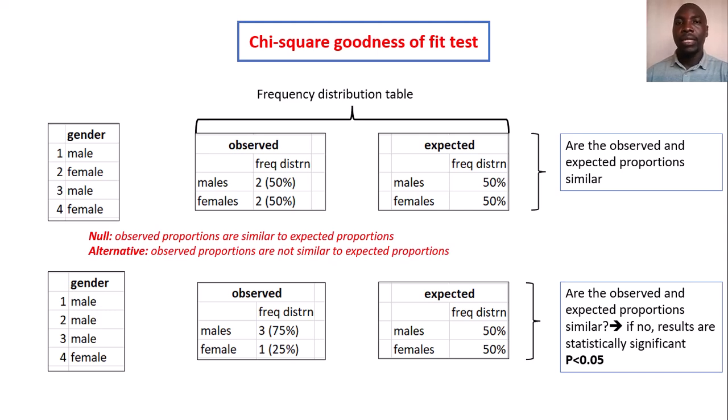So the question still remains, are the observed and expected proportions the same? And here clearly the answer is no. So we would say the differences are statistically significant. For us to make that conclusion, we need a p-value, which tells us the probability of getting a difference as big as this or even bigger if the null was true.